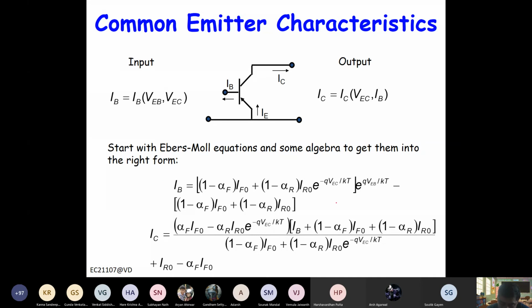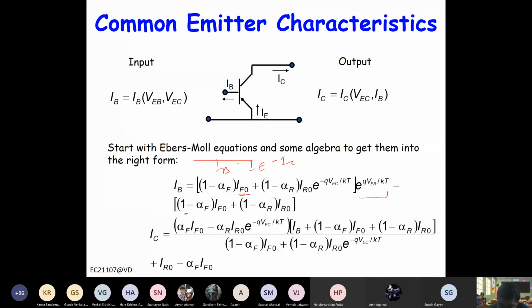You can look at this expression QVB by KT, right? So your IB is basically IE minus IC. Now IE is IF naught exponential QV by KT minus 1, right?